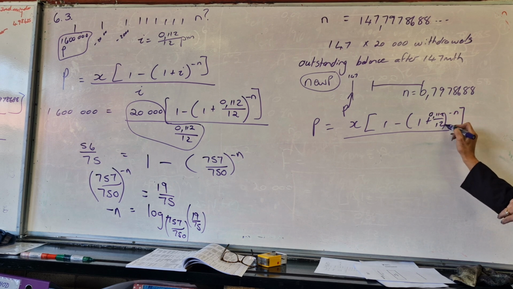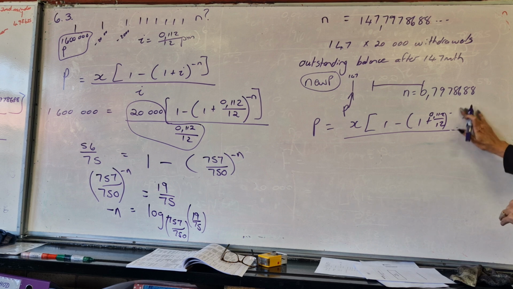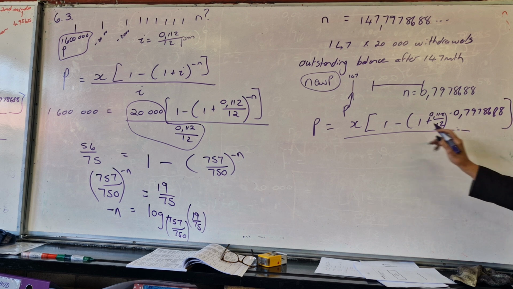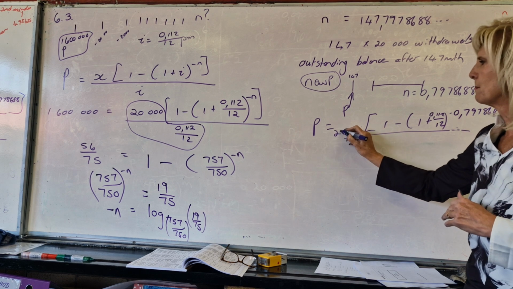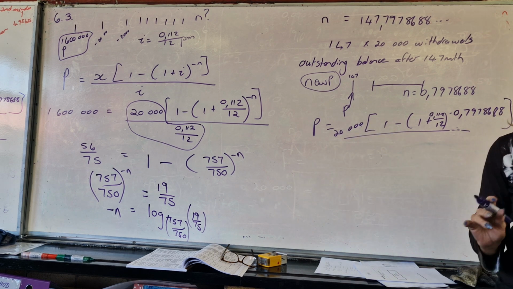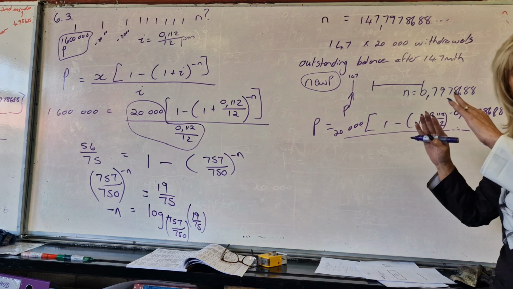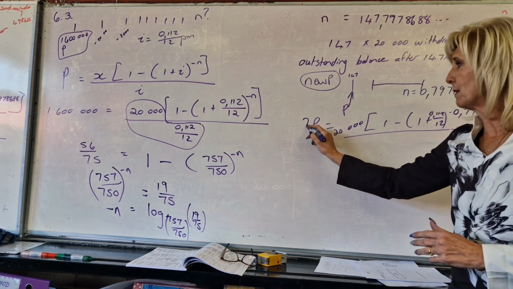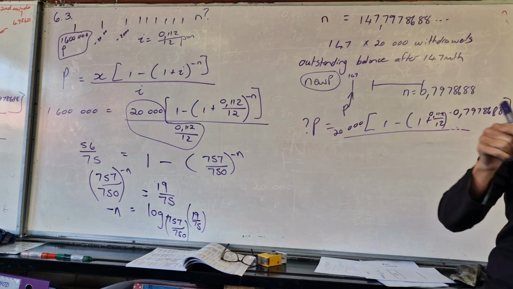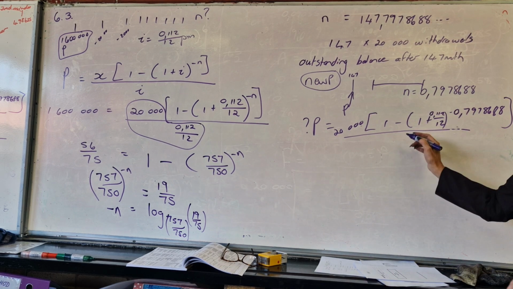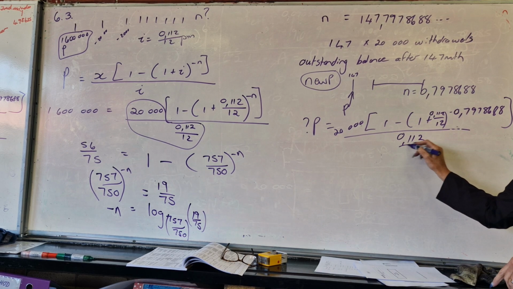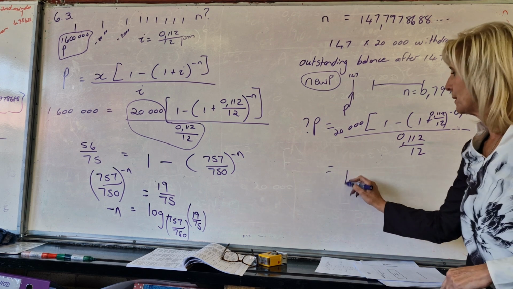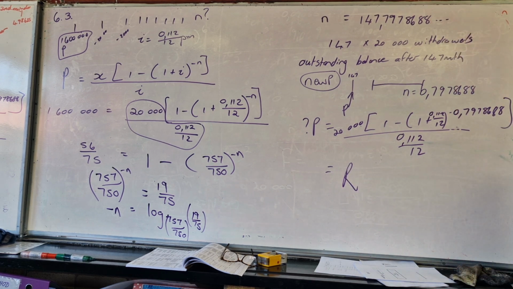This was 0.112 over 12. This now, the N is going to be 0.7978688. Your 20,000, but ma'am, there isn't 20,000. Remember? It's still in this contract where X used to be 20,000 and I'm trying to find P which should be less than 20,000. And the I, so that my P would give me a certain amount.